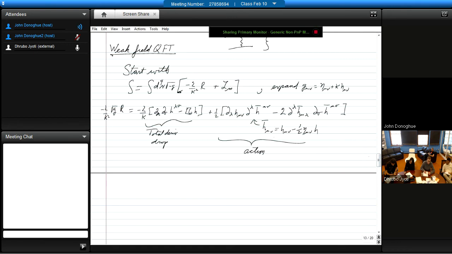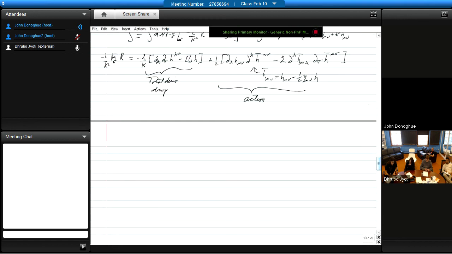Now, you might think we just vary that and we proceed, but we already know that if you get equations of motion from this, varying this gives you the Einstein equation. It gives you an equation that can't be inverted unless you fix the gauge. So we're just going to go ahead and fix the gauge right now.